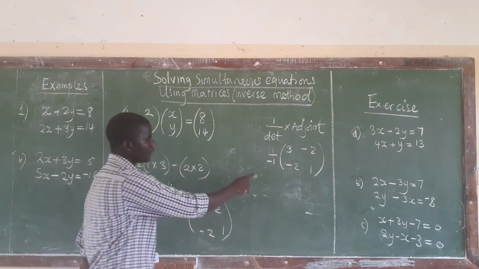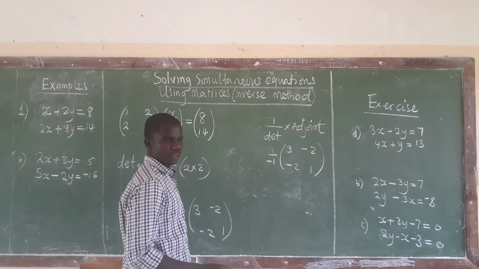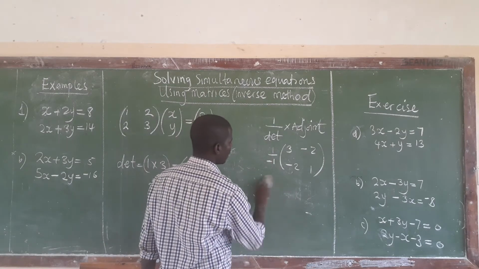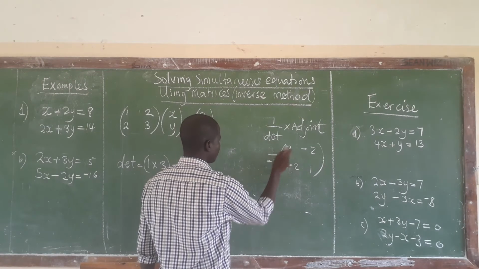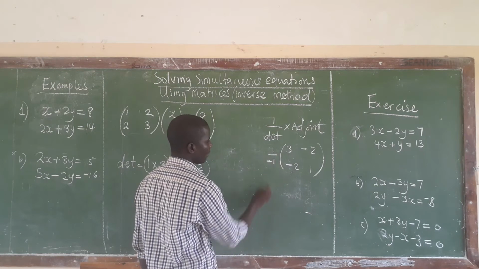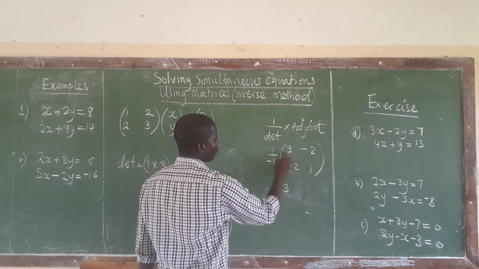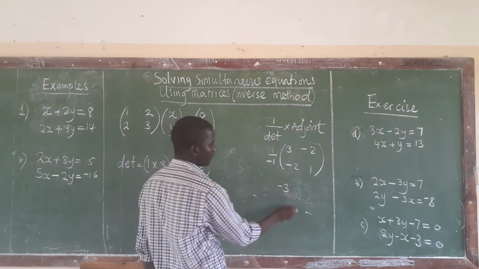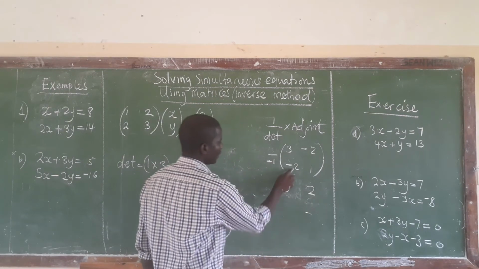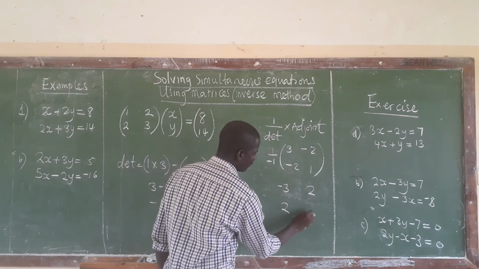Now you need to distribute this one. Multiplying by 3 and dividing by negative 1, you get negative 3. Negative 2 divided by negative 1 gives you positive 2. The same thing here, also positive 2. Then this one will give you negative 1.